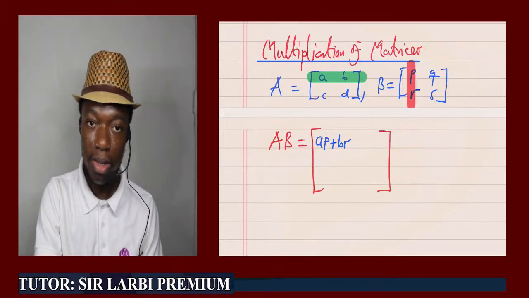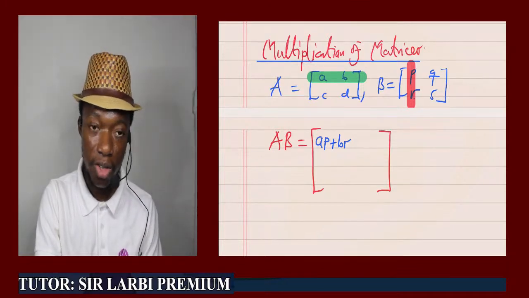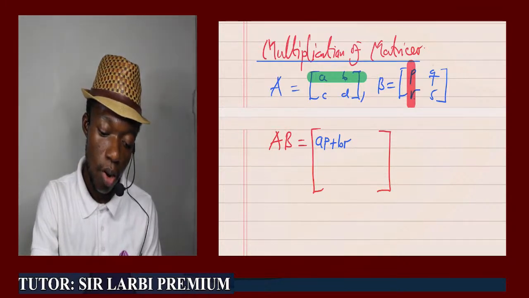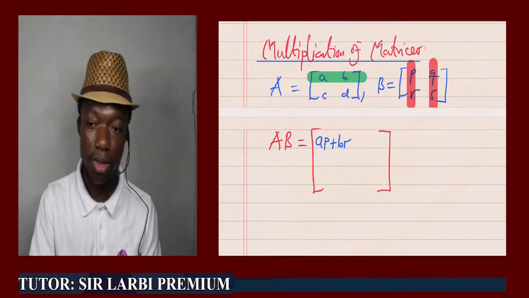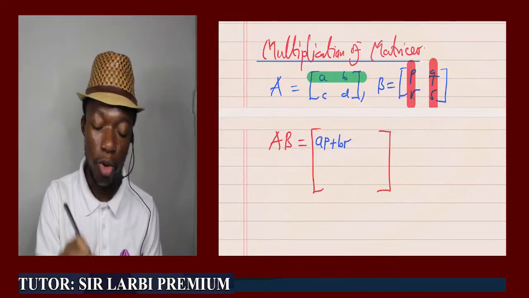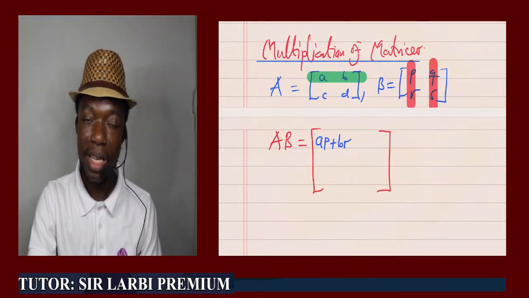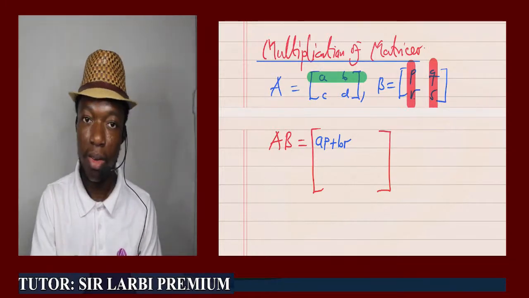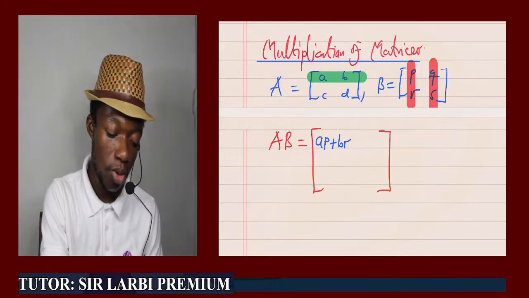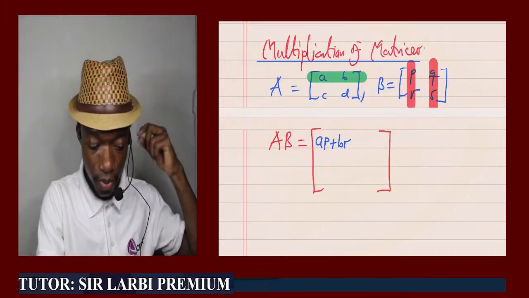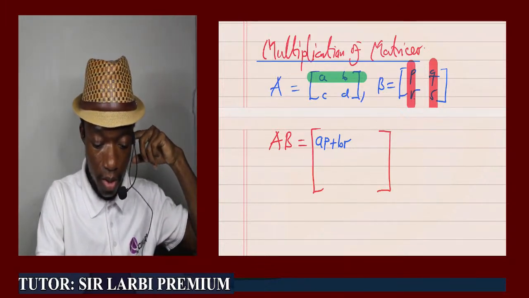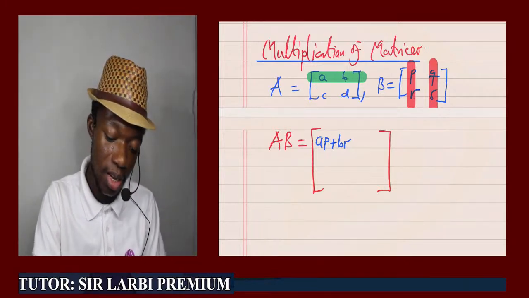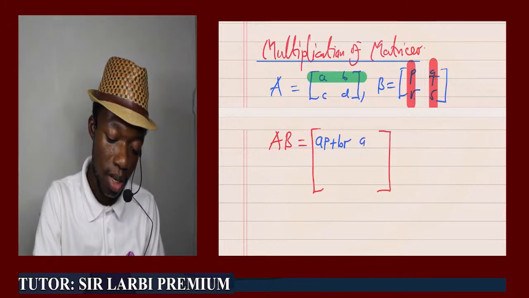And the same first row of the first matrix, you then also multiply the second column of the second matrix, so that we get the elements of the row on the result. So here too we will have A multiplying Q, so we get AQ.